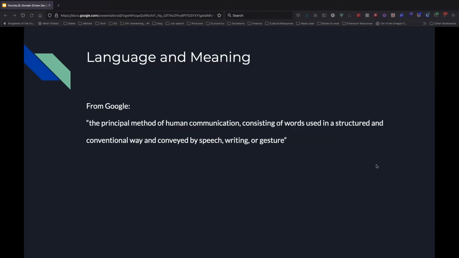So it's all about trying to understand what they mean when they say, for example, that a user needs to be able to deposit through a pre-authorized deposit from their employer.